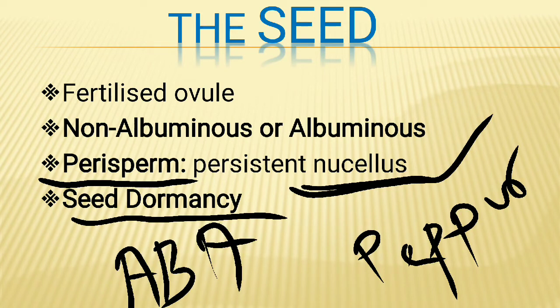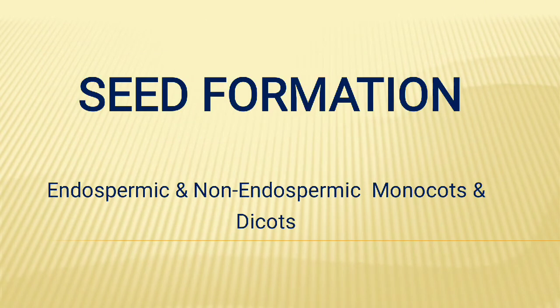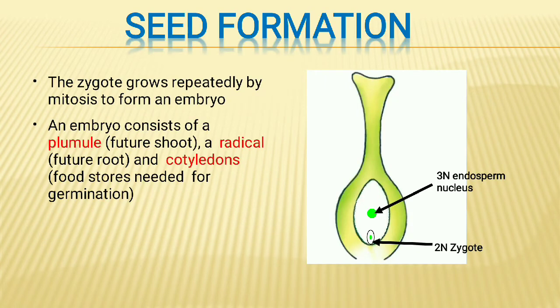So this is what we call seed dormancy. Next, seed formation we will study. Endospermic and non-endospermic are also called albuminous and non-albuminous, meaning the seed with endosperm and the seed without endosperm.